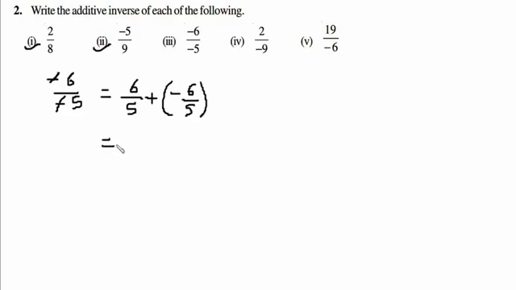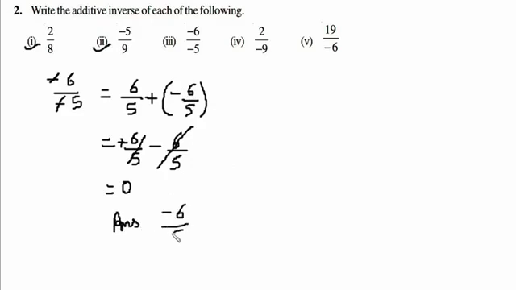Because when you open it, it gives you 6 over 5 plus minus, which is minus 6 over 5. This is obviously positive, nothing is written, it means plus of 6 over 5, negative of 6 over 5. They get cancelled out and you are left with 0. So here the additive inverse is minus 6 over 5. So your answer is minus 6 over 5. So that is your third.